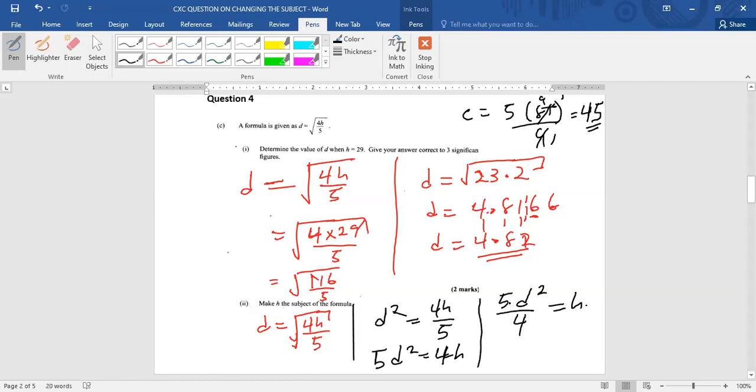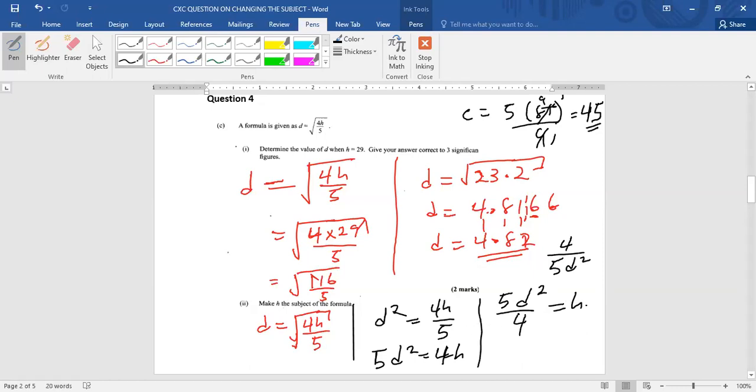We never say it wrong. When you put 4 over 5d, that is wrong, because there's no way you can get that.